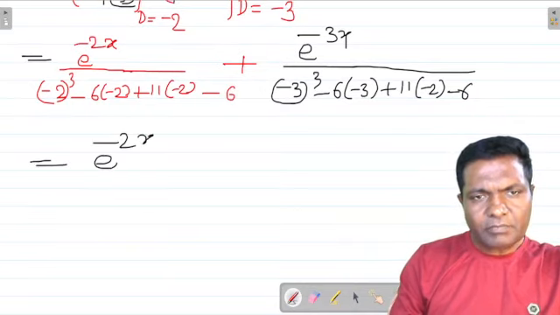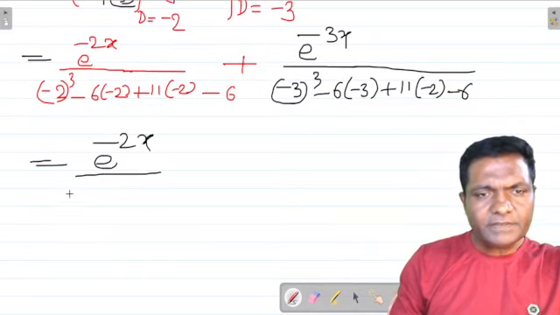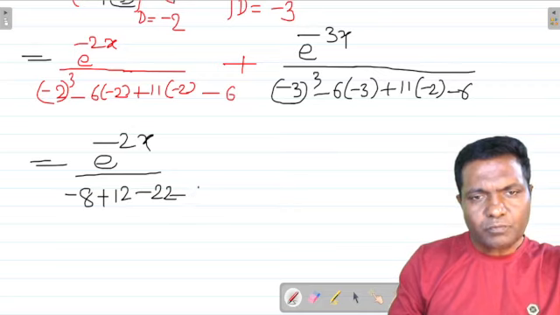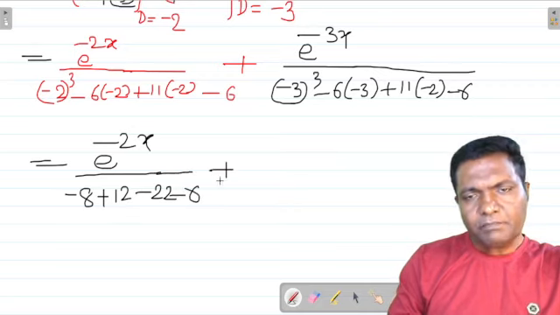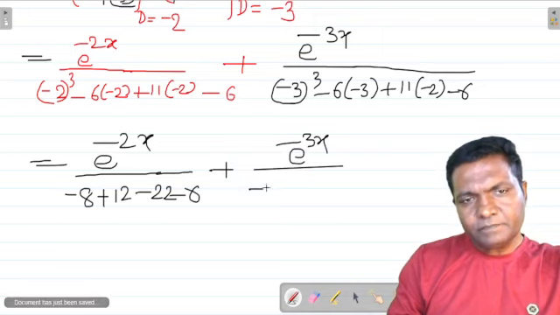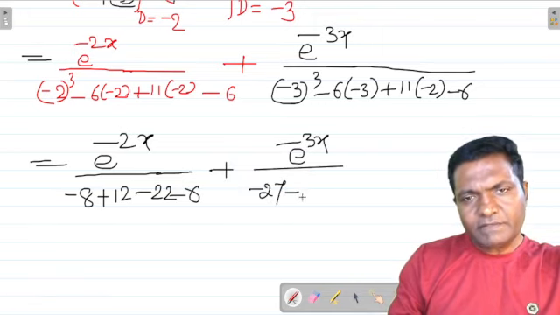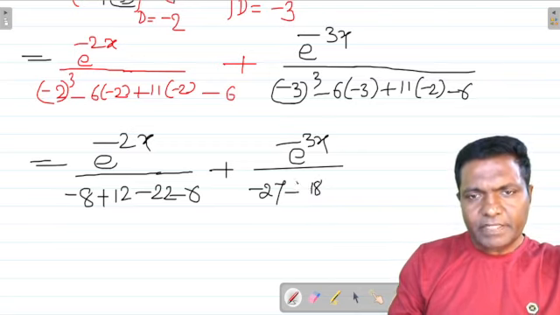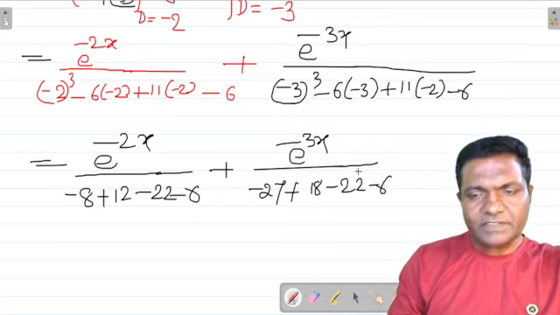It's e power minus 2x divided by minus 2 cube is minus 8, plus 12 minus 22 minus 6, plus e power minus 3x divided by minus 27, plus 18 minus 33 minus 6.